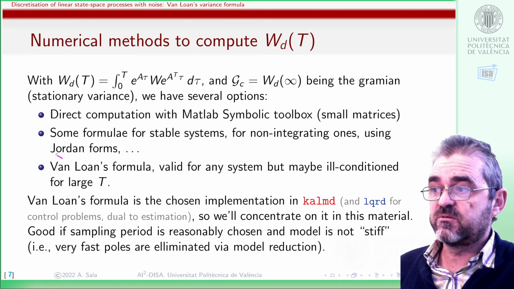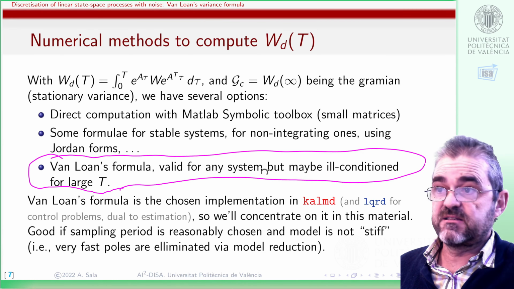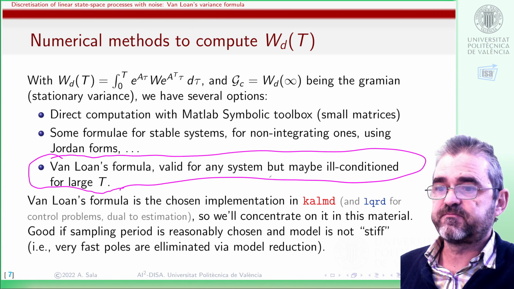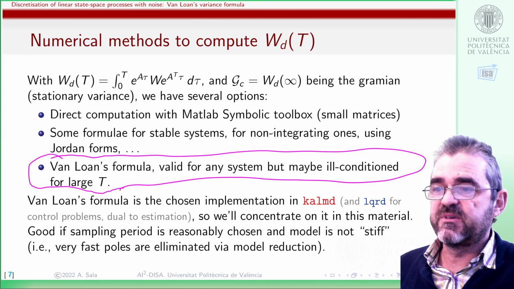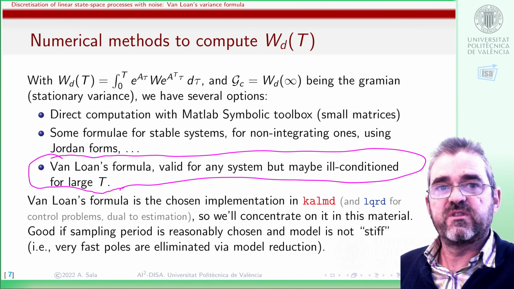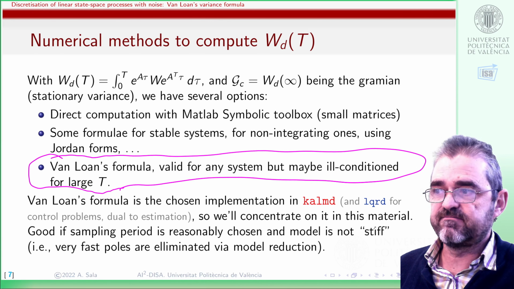But we have the so-called Van Loan's formula, which is in theory valid for any system, but maybe in some cases it's ill-conditioned. But okay, in reasonably chosen sampling periods and models which are not stiff, I don't want a pole at -1, another pole at -2000.